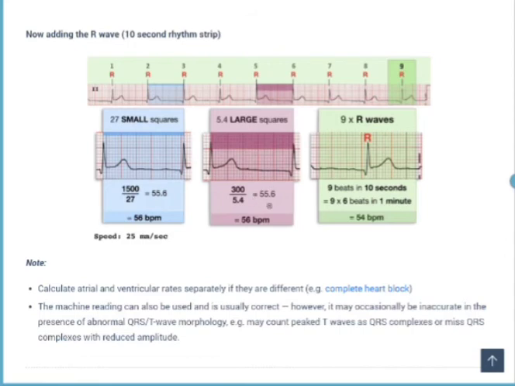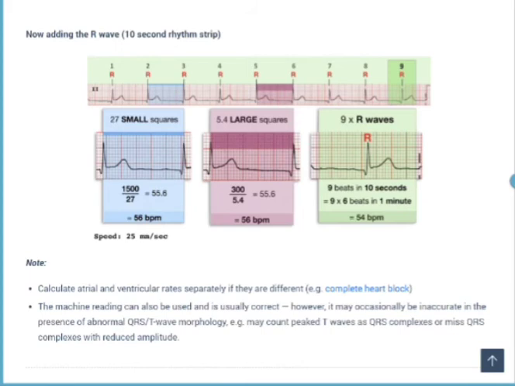Similarly, what we can do is use the complete rhythm strip, which is at 25 millimeter per second speed. One rhythm strip almost covers 10 seconds, right? So when we calculated the number of R waves in 10 seconds, it was 1, 2, 3, 4, 5, 6, 7, 8, 9. So there were 9 R waves in 10 seconds.